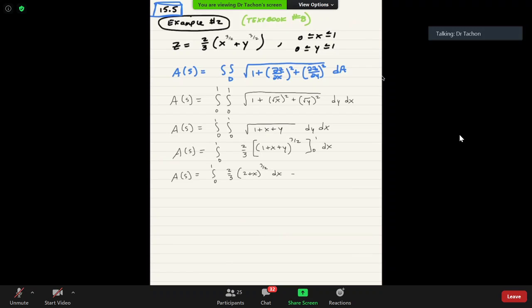Minus, when you plug in the lower bound 0, you get 2/3 times 1 plus x to the 3/2. Okay, so it's the fundamental theorem of calculus, but I went ahead and split it up like that.